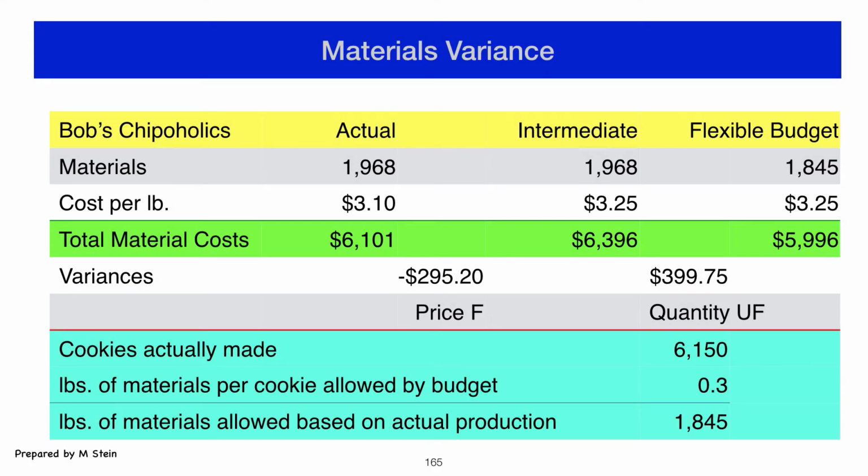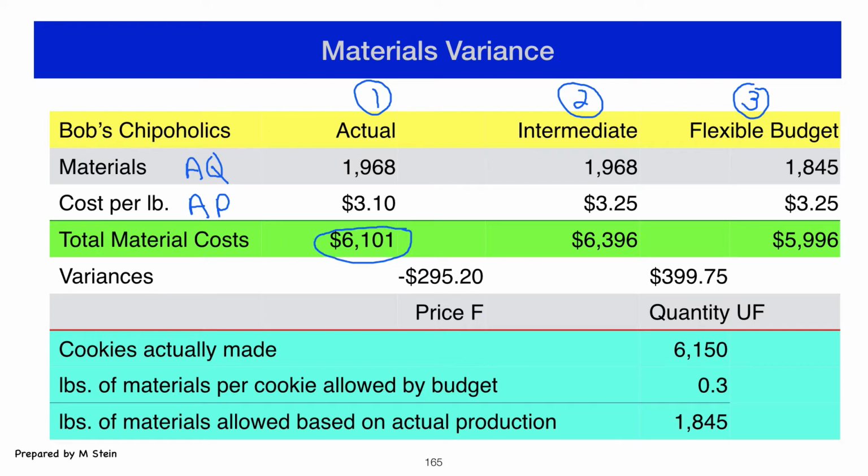On this slide, I'm going to set up the template that I like to use for calculating materials variances. I have three columns: actual, an intermediate column, and a flexible budget column. The actual column has the actual quantity of materials times the actual price per unit of materials, and this gives us the total actual cost of materials used.